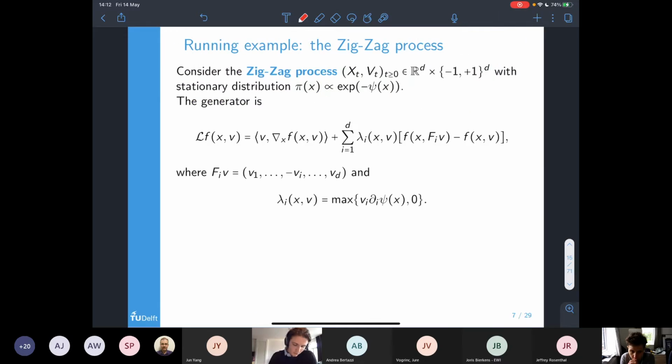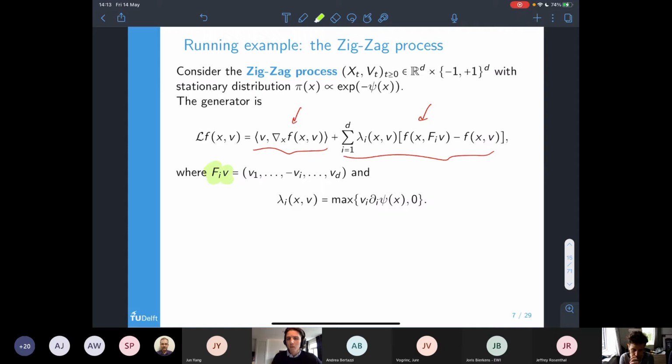So the generator of a zigzag process looks as follows. We have again our two familiar parts. We have our deterministic part here, and this just says the position is moving with constant velocity v, the position part of the process. And here we have our jump part. In this case, we actually have d switching rates. Each one corresponds to applying this operator to the velocity.